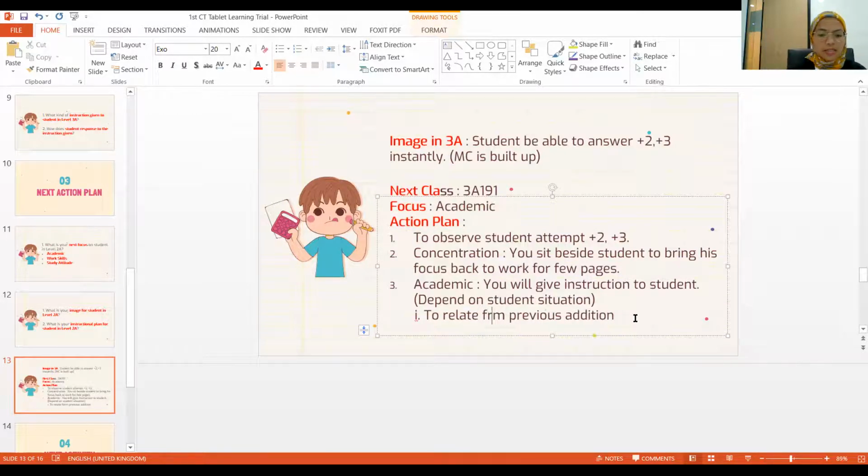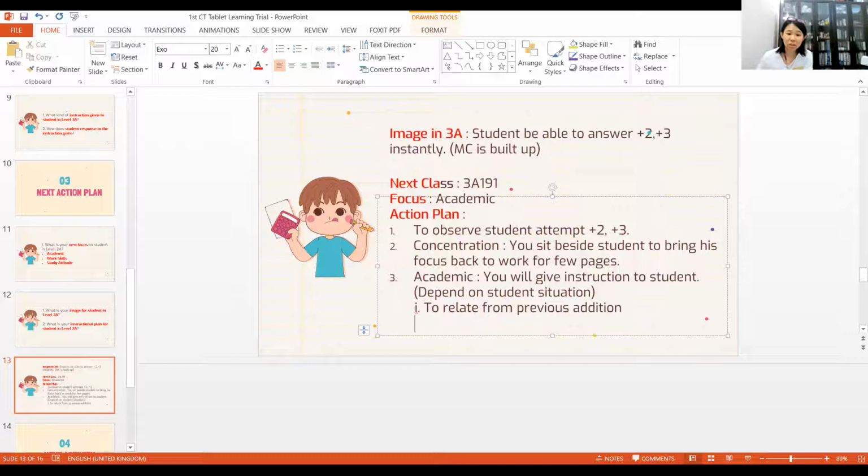Is there any other that you have in mind related to the previous edition? If students have a problem, what kind of instruction can you give? Another one is the next number concept. Use the next number concept. I think it's in the previous edition, right? Oh yeah, it's in the previous edition. Okay.